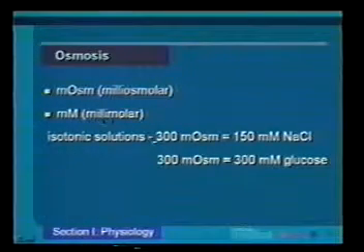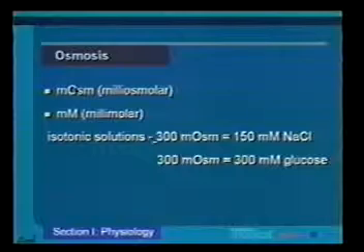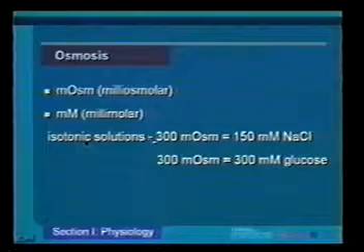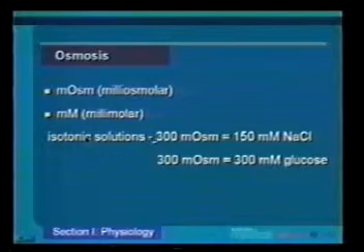So if you're dealing with a 200 millimolar sodium chloride solution, this would be equivalent to 400 milliosmolar. You multiply by the number of particles, and here it is 2. Also, you should know the basic reference points for an isotonic solution. An isotonic solution has the same concentration of dissolved particles as you see in body fluids. And the number to memorize here is 300 milliosmolar.